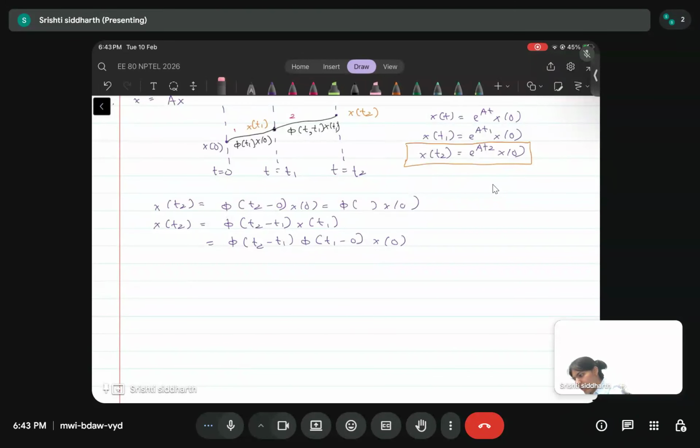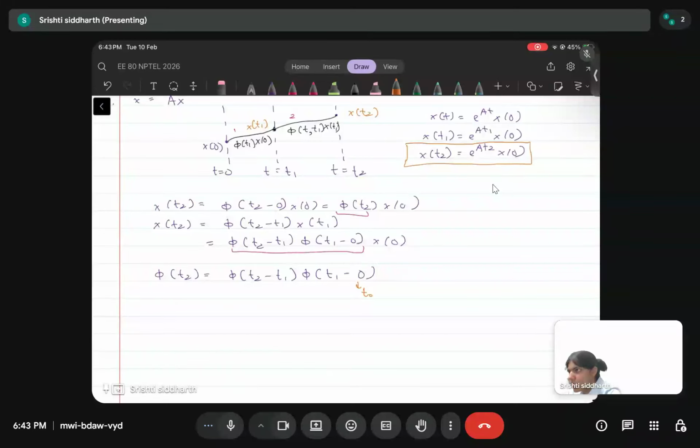So this is x at T2. So comparing this and this, since we are talking about the solution at T2, phi of T2 is phi T2 minus T1 times phi T1. And if time T naught is not 0, then this would be T1 minus T naught.